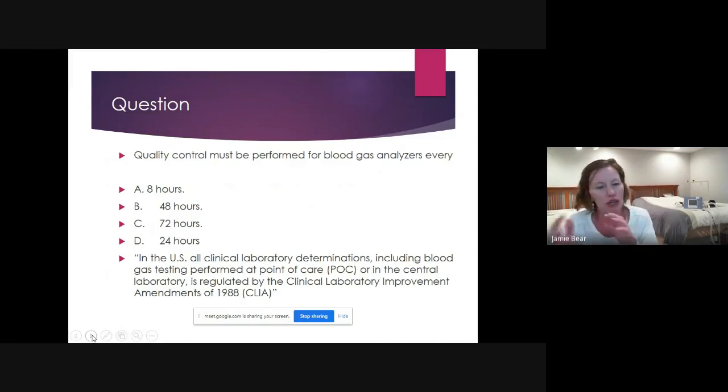If you want, you can go to the website and look up more, but I wouldn't. There are 3 questions total between spirometry, capnography, and ABG quality control, so this one comes up on just about every exam. Every 8 hours is what they recommend.